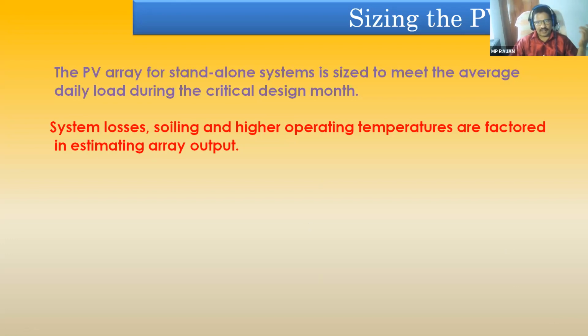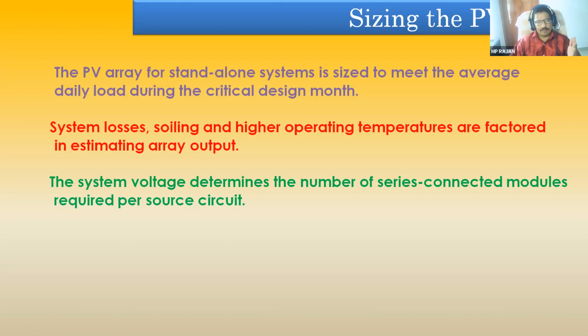Temperature: if the temperature is high, your output will be less. So we have to take some factor of safety, multiply this requirement with some allowance, or in other words, go for a higher value. So that is required.